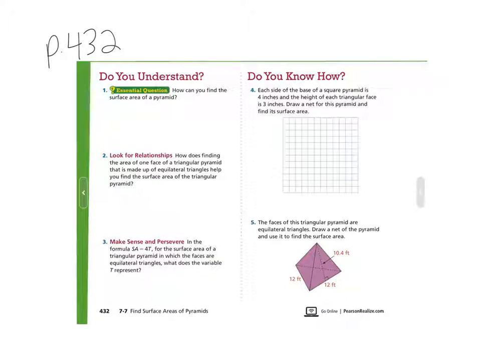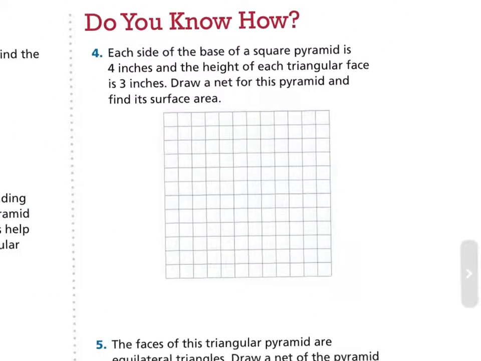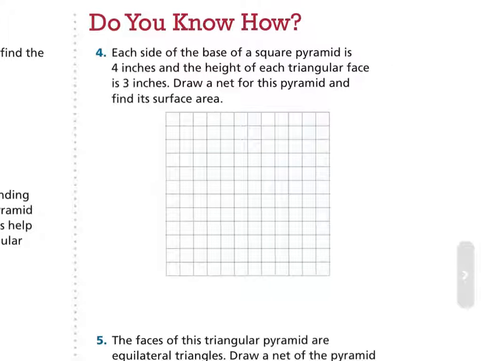So on page 432, if you look at number 4, each side of the base of a square pyramid is 4 inches, and the height of each triangular face is 3 inches. Draw a net for this pyramid, find its surface area.